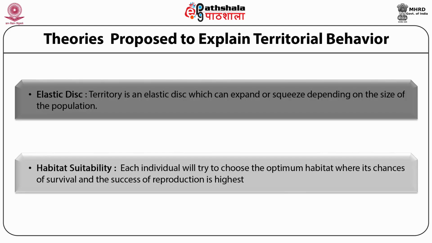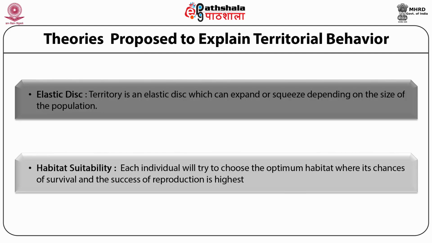For example, flies maintain a territory along the edge of a pond. When the population density is relatively low, the individuals are spaced 3 to 7 meters apart. The aggressive interaction is frequent. When the density increases, the individuals are spaced less than half a meter apart. Territoriality breaks down.